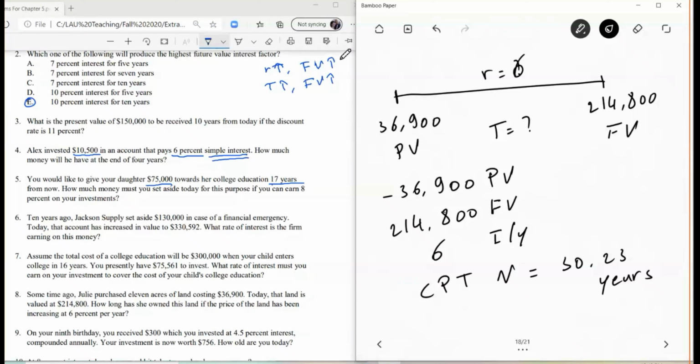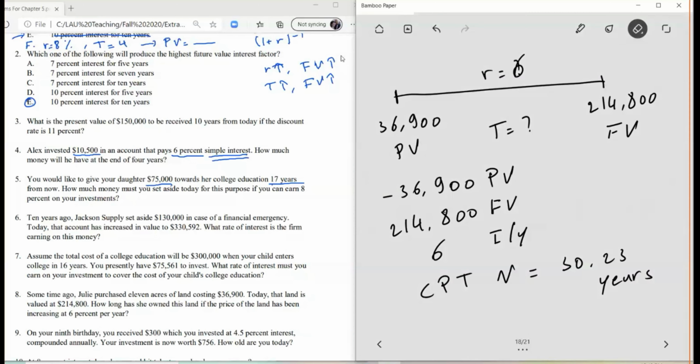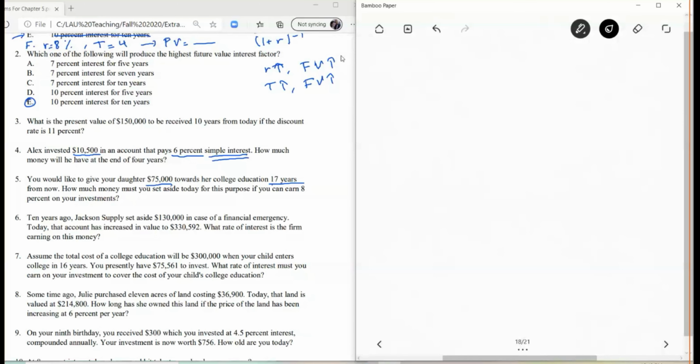Now number 9. On your 9th birthday, you received $300, which you invested at 4.5% interest compounded annually.